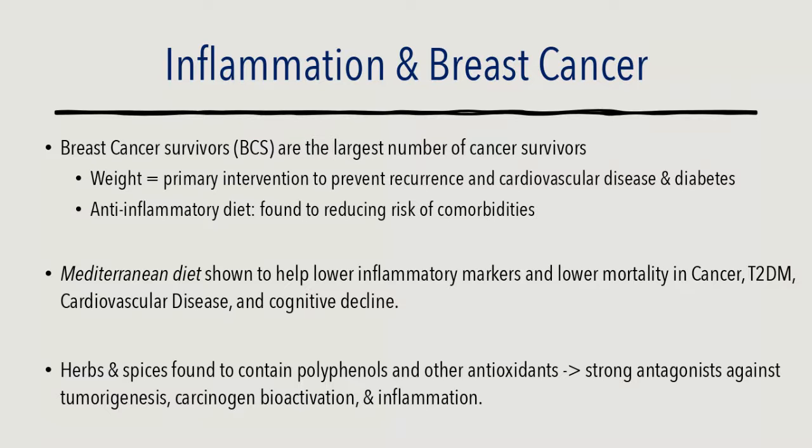The Mediterranean diet is a pretty popular anti-inflammatory diet out there, and this is shown to help lower inflammatory markers and lower mortality in cancer, type 2 diabetes, cardiovascular disease, and overall cognitive decline. They also wanted to focus on herbs and spices because these are found to contain polyphenols and other antioxidants. And these are going to be strong antagonists against tumorigenesis, carcinogen bioactivation, and inflammation.